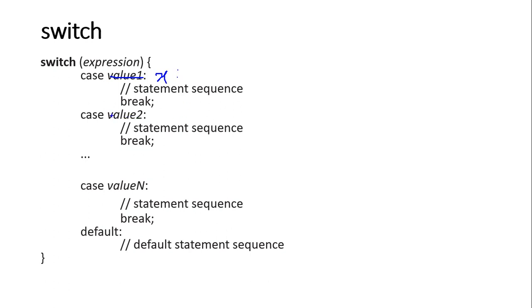It's not possible. I have to write a value like 50, 40, 20, or a capital A, small a, or anything. I can write char, int, short, byte, anything, but I cannot write a variable here.